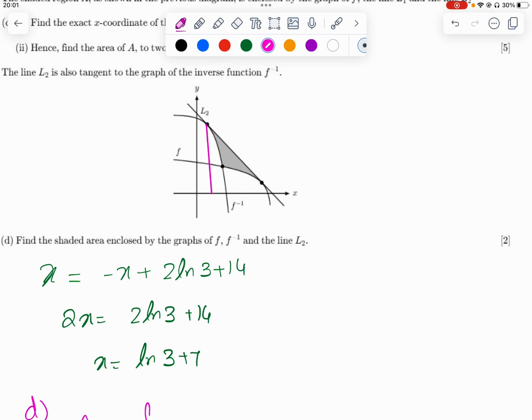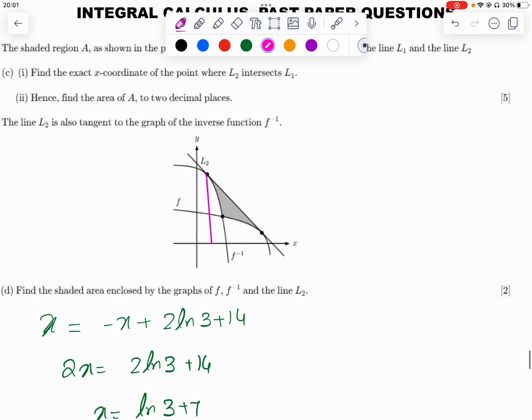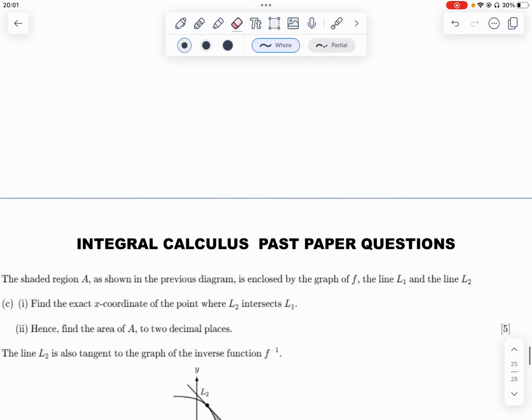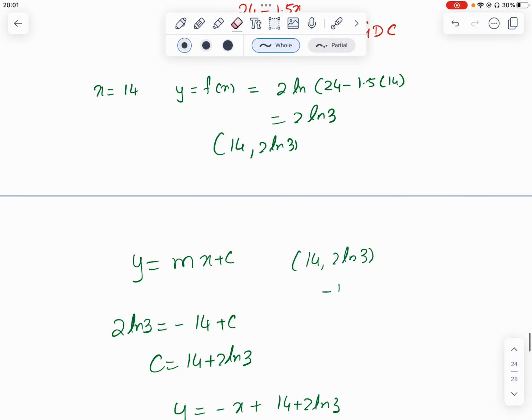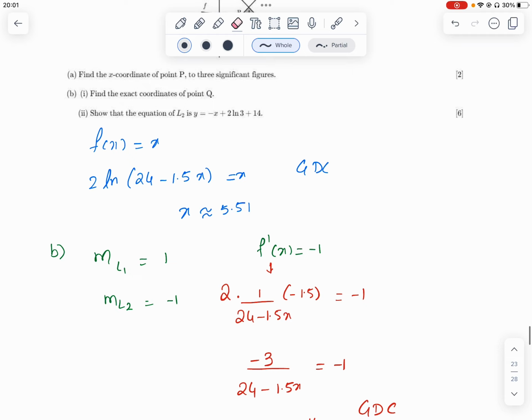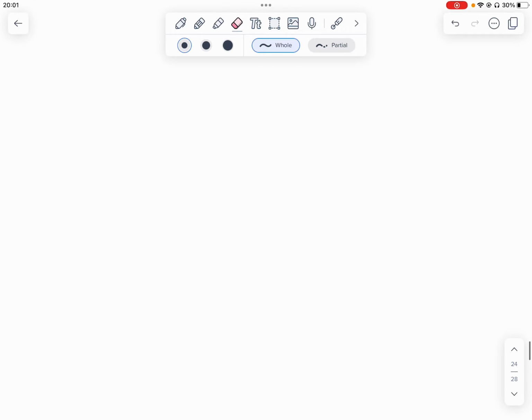L1 and L2 intersect at ln 3 plus 7. So let's draw those points on the graph, all the points we have found till now. The function and y equals x will intersect at 5.51. Y equals x and the curve will intersect at 5.51.